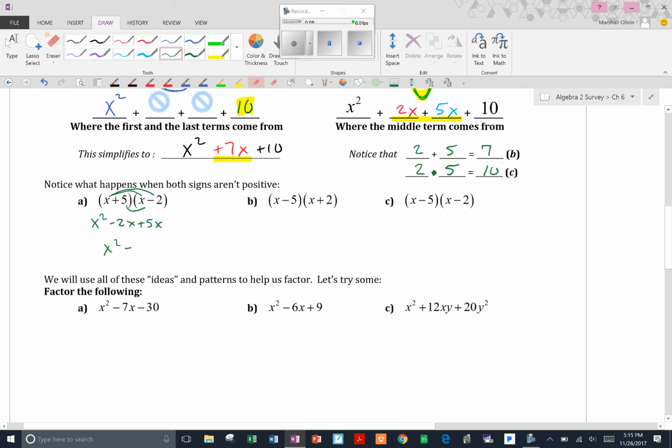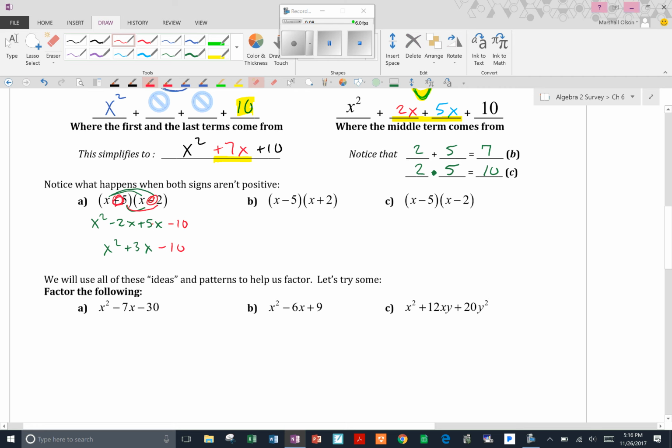Now it's going to give us just a 3x. And then the last thing we have here is 5 times negative 2, which is negative 10, which I'm going to bring down there. So the negative 10 came from multiplying these together. Well, notice that when you multiply a positive times a negative, it's going to give you a negative right there.